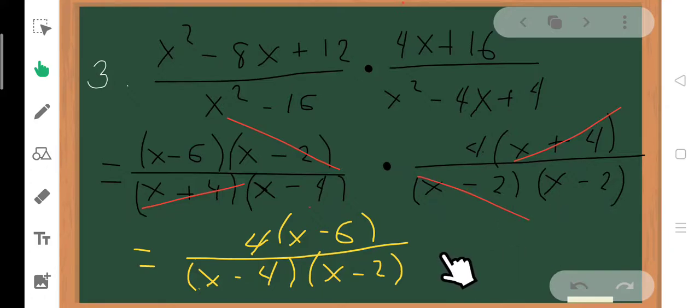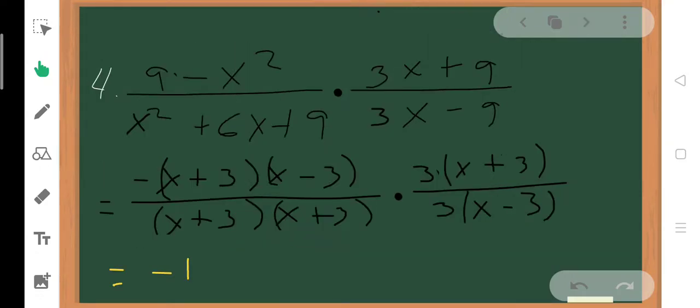So the product of these two rational expressions in simplified and factored form is 4 times the quantity x minus 6 all over x minus 4 times the quantity x minus 2. So this is already in simplified form.